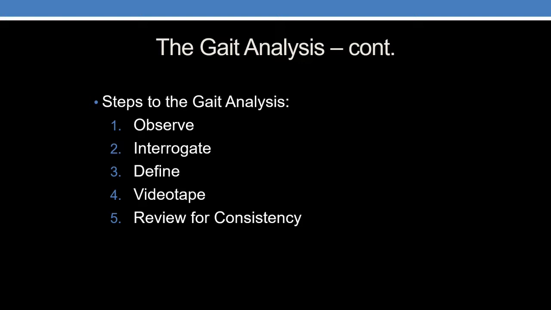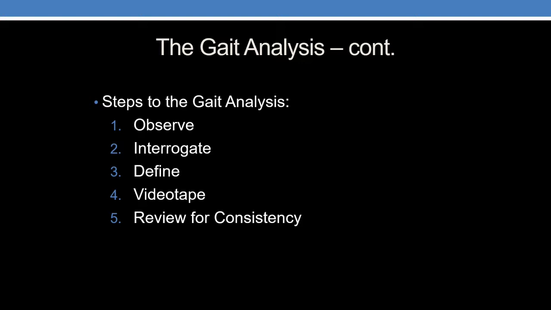So let's go over some of the steps to the gait analysis. Step number 1, and I'll expand on each of these in just a minute, is to observe the examinee. Number 2 is to interrogate the examinee. Number 3 is to define any gait disturbance that you may find present.